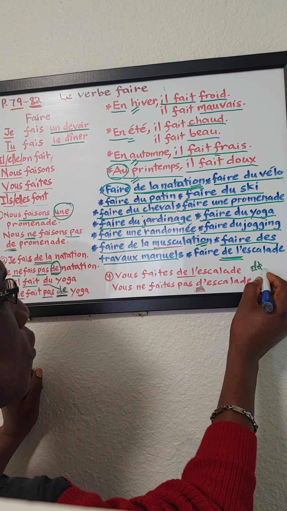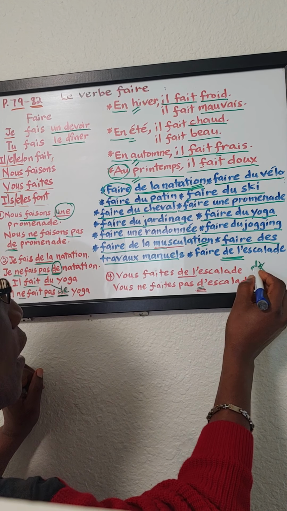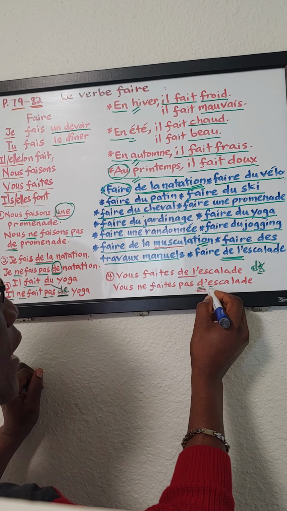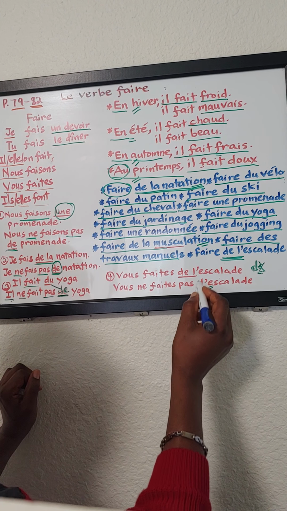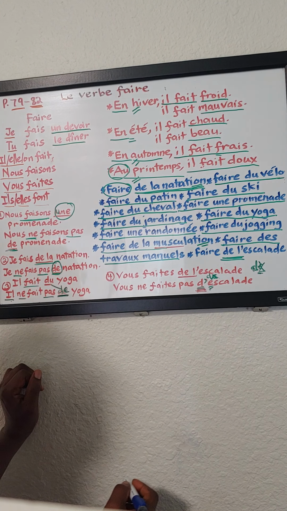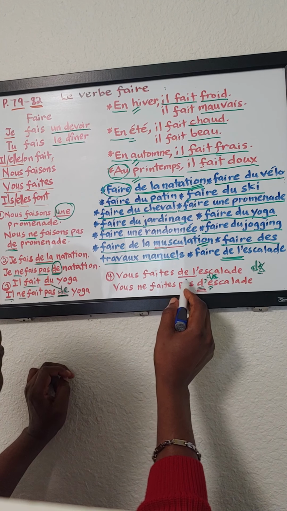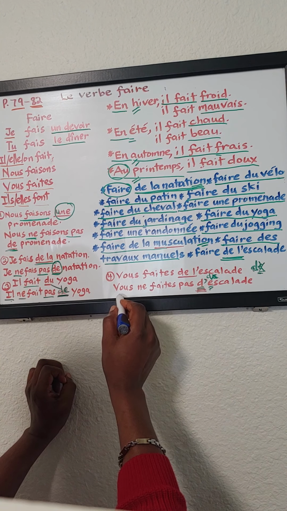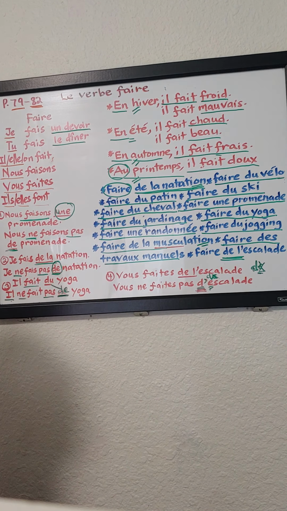But because de has a vowel here, and then escalade begins with a vowel, two vowels, you drop the first one, and then you put your apostrophe here. So, vous faites de l'escalade becomes vous ne faites pas d'escalade.